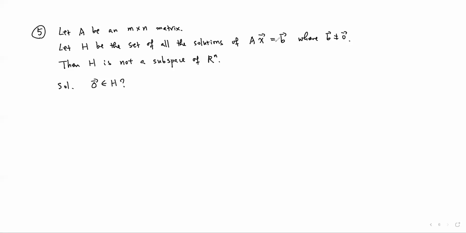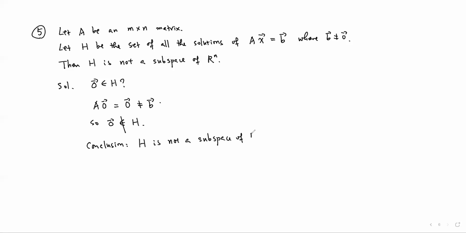I want to see whether zero solves this equation. A times zero is equal to zero, not equal to B. Therefore, zero is not a solution of this equation. So zero is not in H. Now, conclusion. H is not a subspace of Rn.